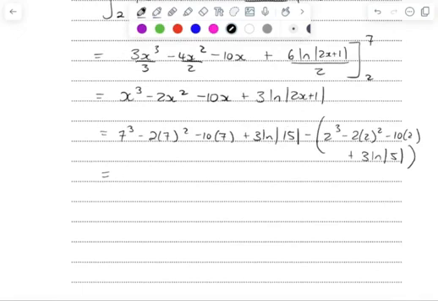Right, so they want us to give an exact answer here, so I'm going to put some things in my calculator, but I'm not going to put my lns in. Here I get 175 plus 3 ln 15. I don't need the mod anymore because 15 is a positive number. And then minus, so 2 to the power of 3, 2 times 2 squared.